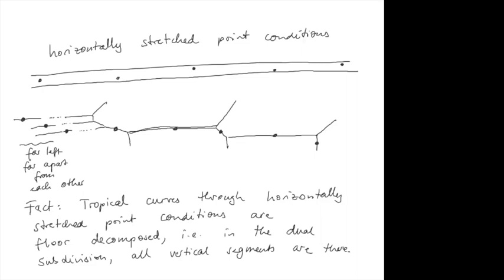Now, I should also say a word about the terminology. So the terminology is coming from the following. We call those horizontal edges elevators. And then what we do is we take a component of the tropical curve minus the elevators.